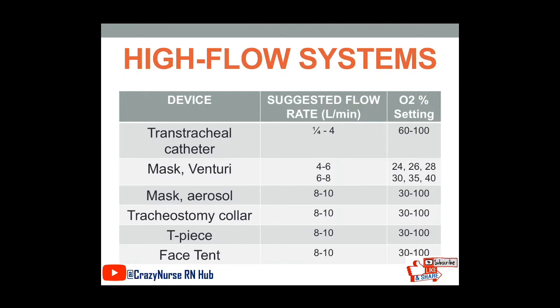We also have your Venturi mask. It could give 4 to 6 liters per minute, with 24, 26, and 28% concentration. Also, it could give 6 to 8 liters per minute, sorry, with oxygen concentration of 30, 35, and 40%.